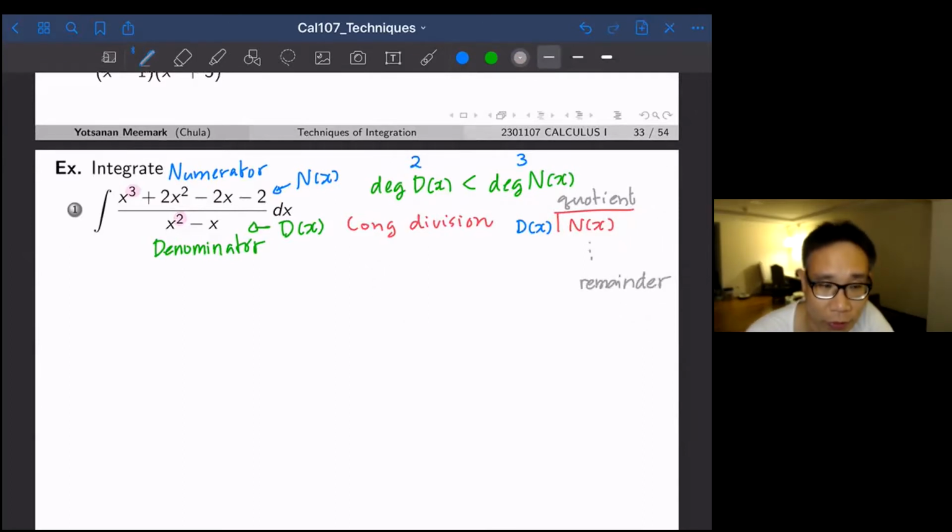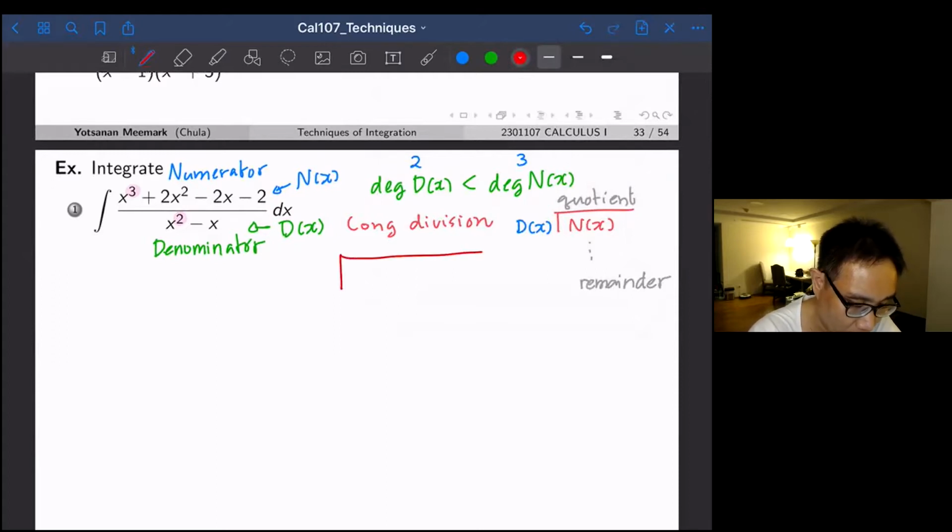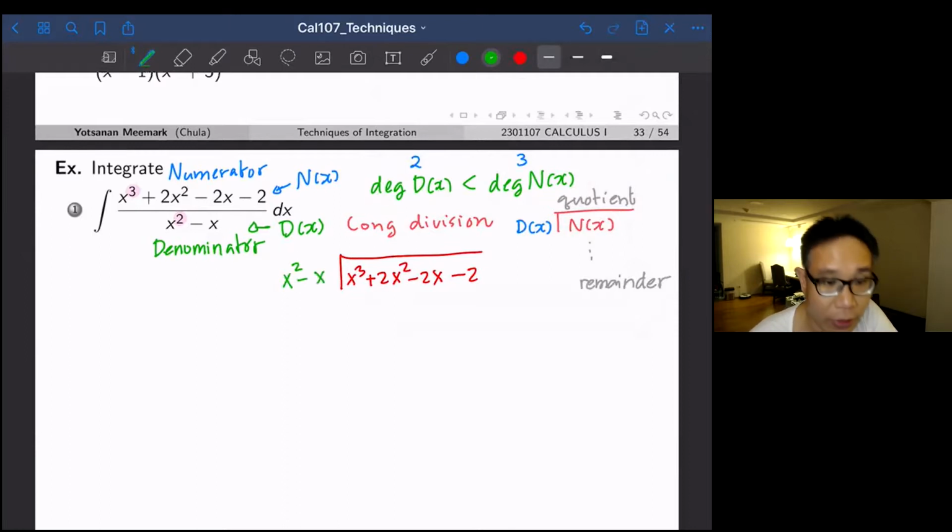So how could we do this? You just perform long division. You put x cubed plus 2x squared minus 2x minus 2, and the divisor is x squared minus x.